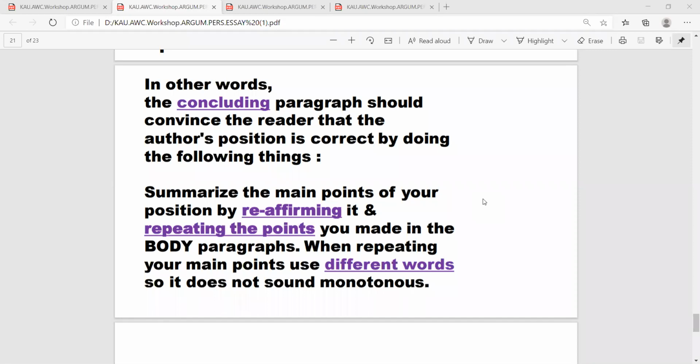So I think it was important, bears repeating, to repeat that again.